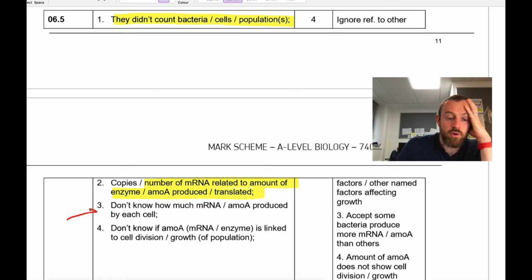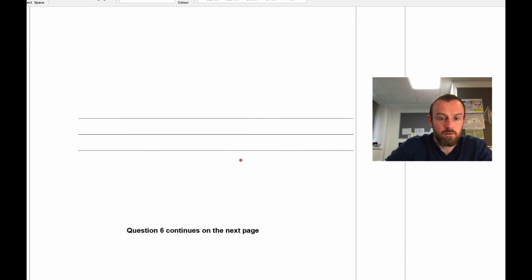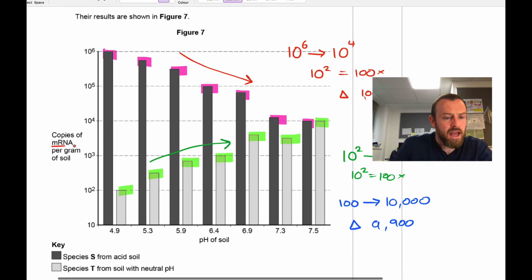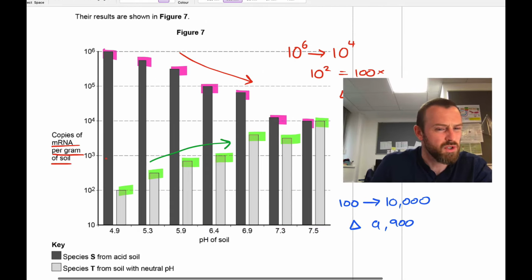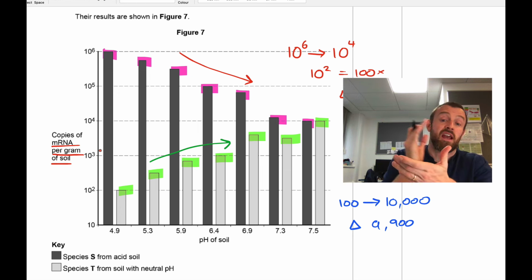So when you're growing the bacteria, what's changing? Let's look at this graph one more time. This is the copies of mRNA per gram of soil, which is weird. So is it that the bacteria are growing and the rate of production in every single cell is just staying the same?